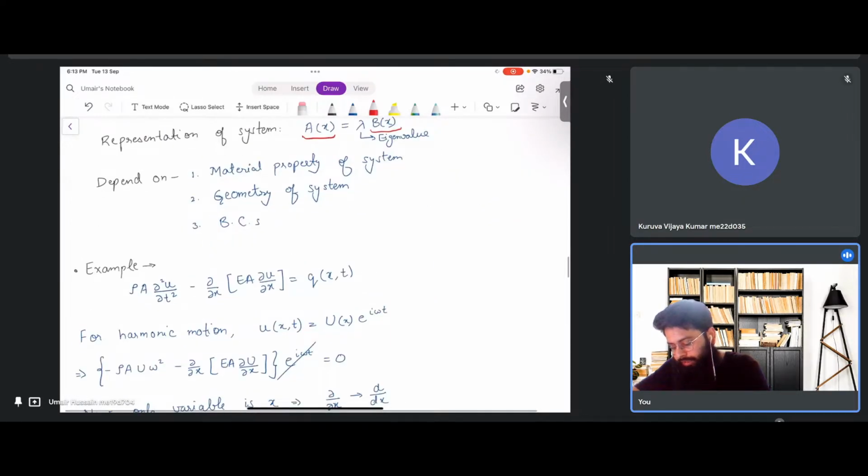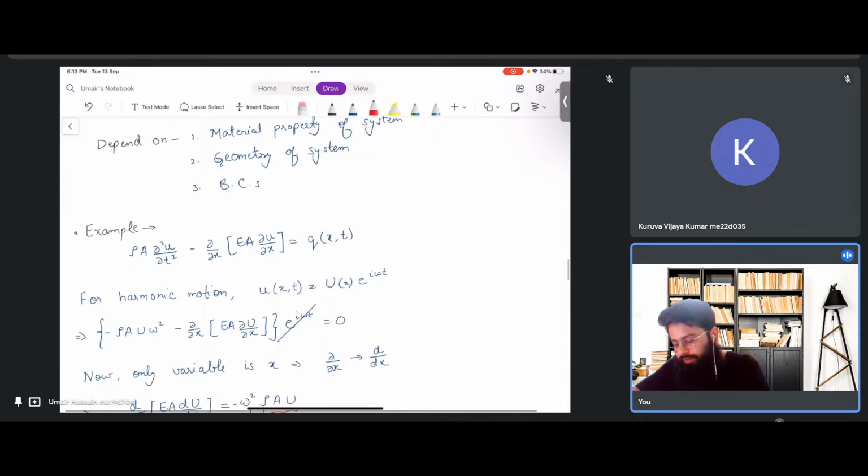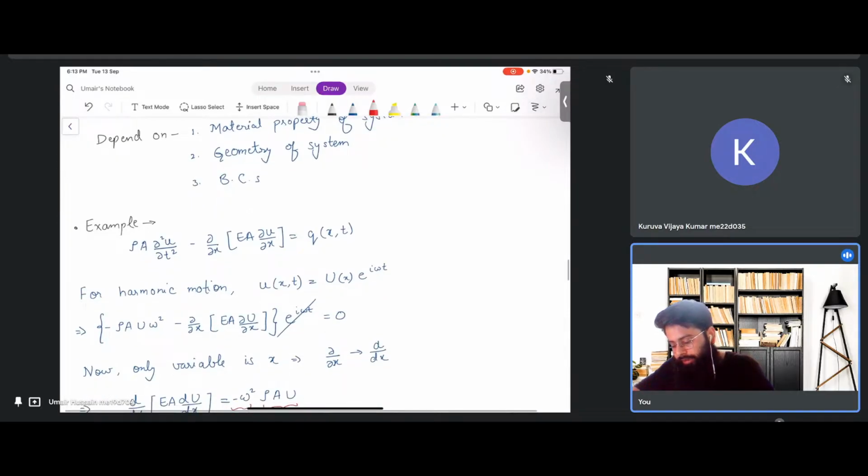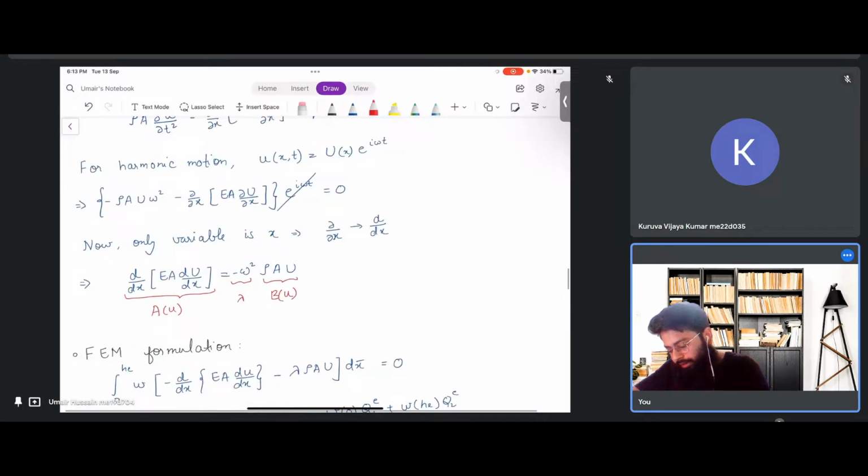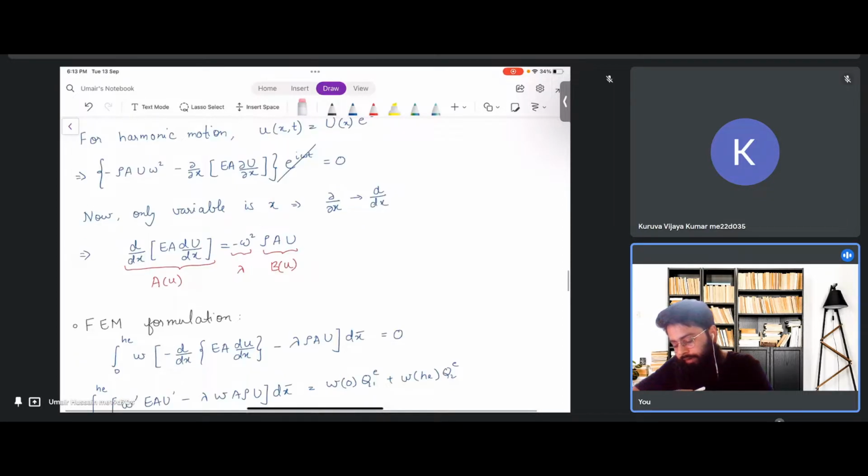So we'll see, for example, in case of an unsteady equation for a bar, we can essentially express it in this form, where A u is equal to lambda times B u. So the omega square term here is our eigenvalue.